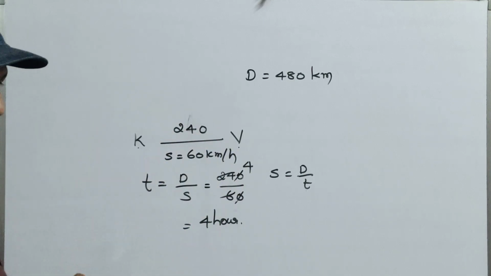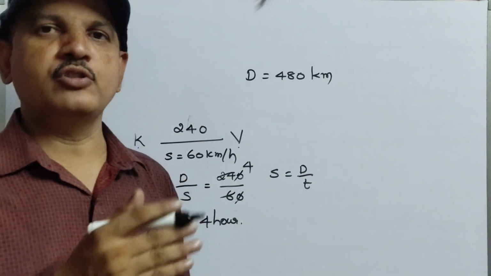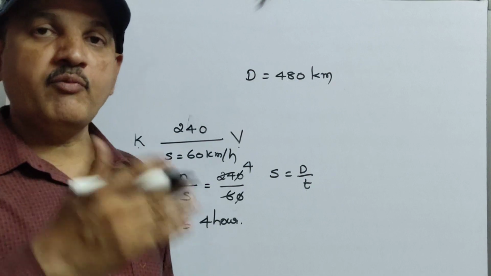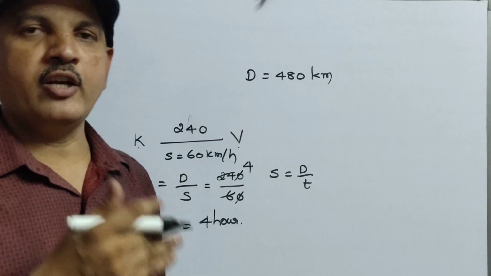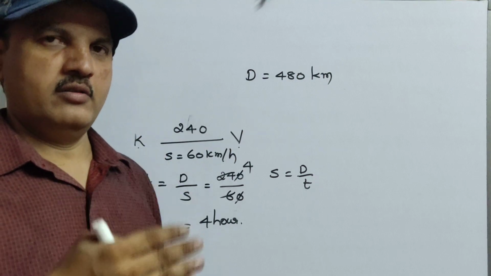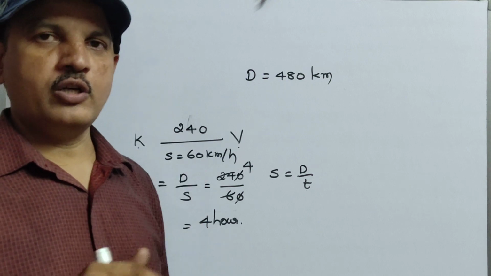Okay. But if it is not possible to drive continuously, maybe somebody can drive, no problem. But somewhere we stop due to traffic or something. What will happen? Somewhere we reduce the speed, means we will not maintain a constant speed.